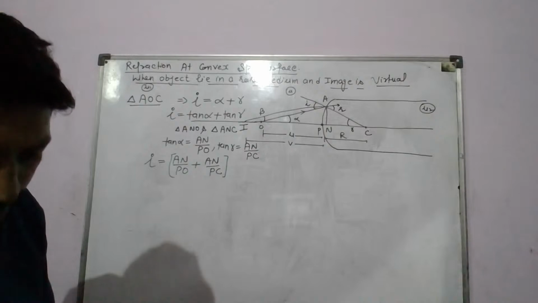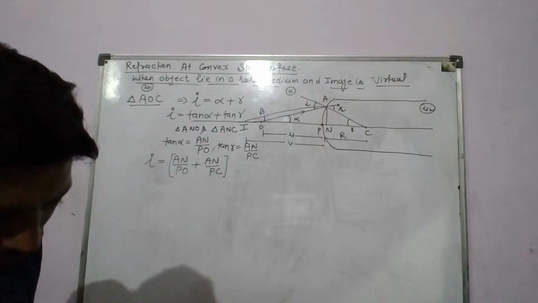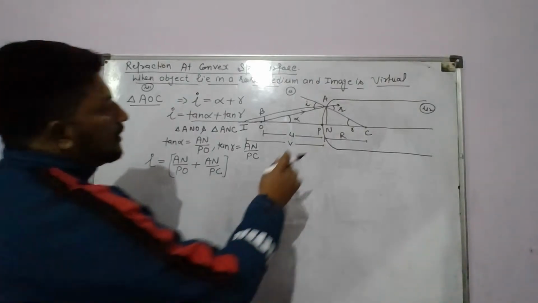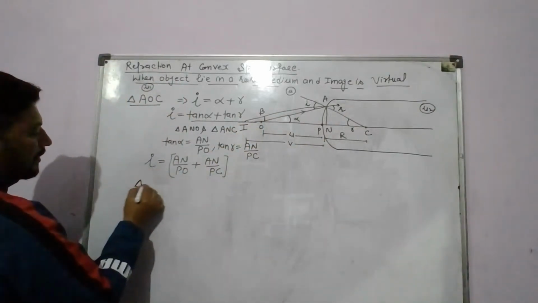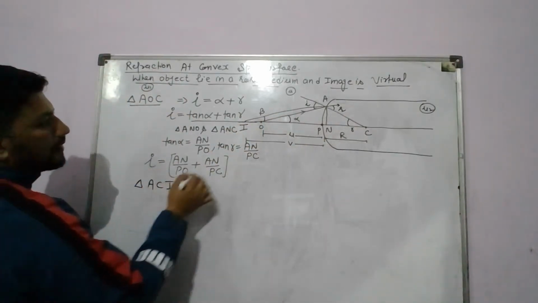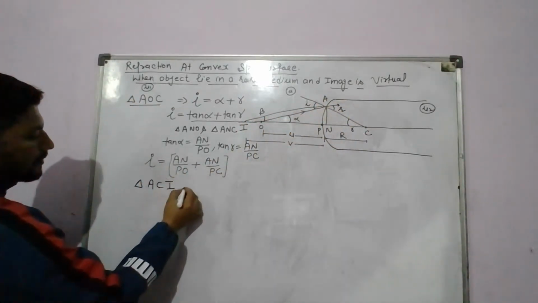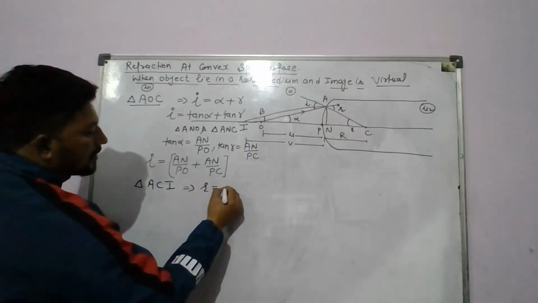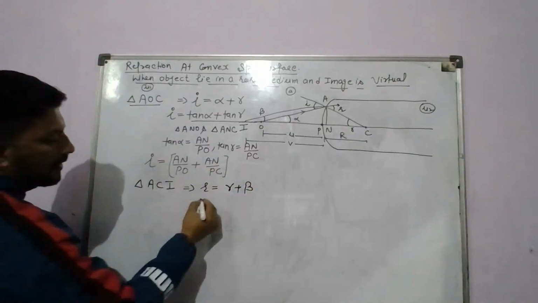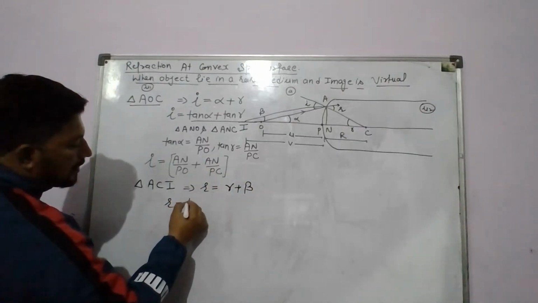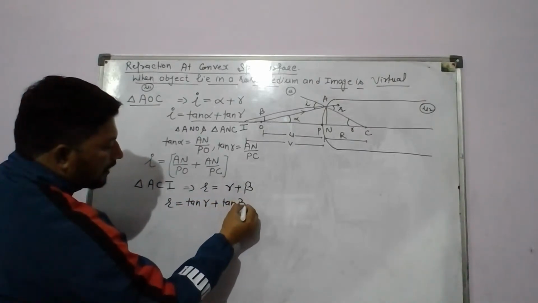After that we solve r, the refracted angle. So how to solve r? Taking the triangle ACI, r is equal to gamma plus beta. Again taking the tangent, r is equal to tan gamma plus tan beta.